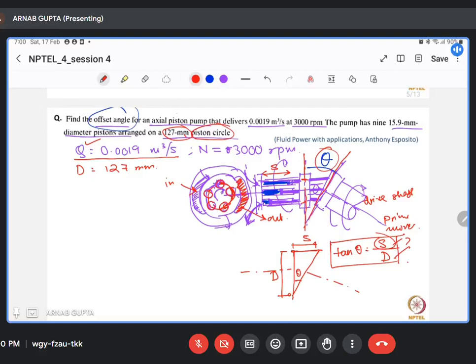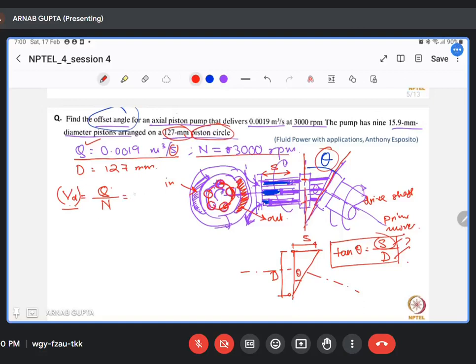To calculate displacement, you need to use this RPM value. Your volumetric displacement is nothing but Q upon N. Volumetric displacement is the amount of liquid displaced per cycle, and Q is the amount of liquid displaced per unit time. So this is per second and this is per cycle. If you divide by the revolutions per second, you will get the displaced volume per cycle.